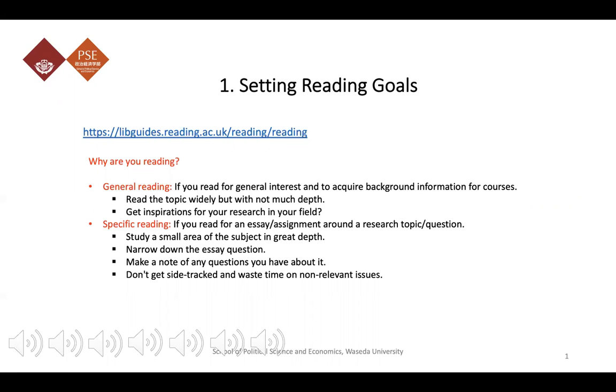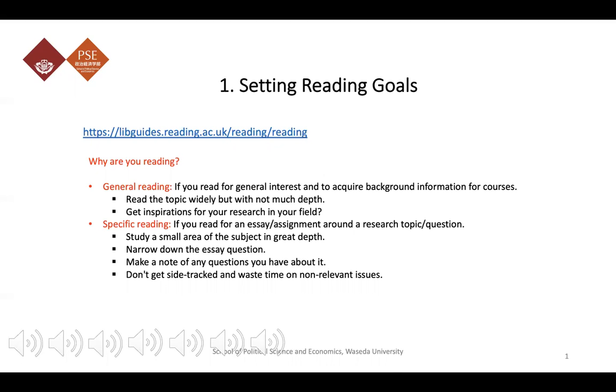As you might know, social sciences like economics, political science, philosophy, cultural studies, anthropology, law, and so on, are really deeply and closely connected to each other. So you might benefit from reading widely through general reading.